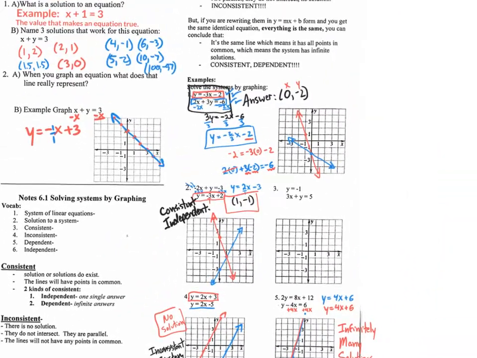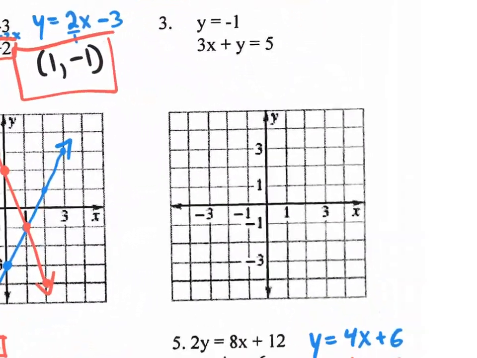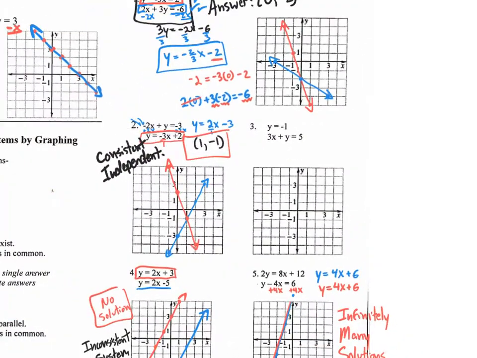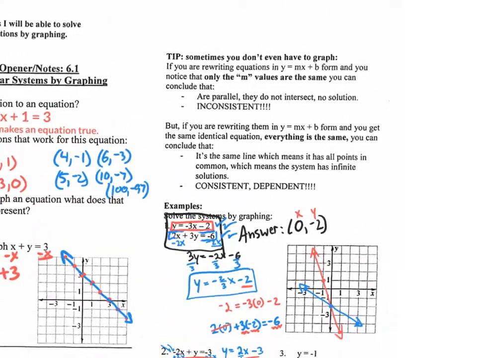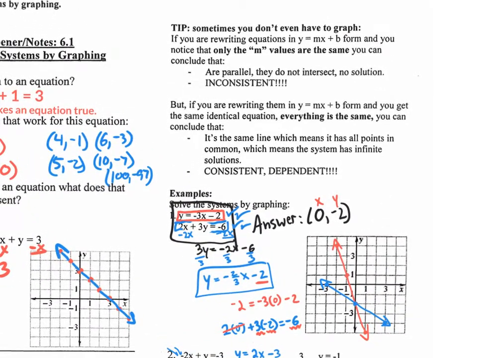Might as well do this last one that we haven't done yet. By the way, that inconsistent and consistent, I have some notes right here for you. Tips, sometimes you don't even have to graph. If you're rewriting equations in y equals mx plus b form and you notice that the m's are exactly the same, you know they're parallel, right? Which means they don't intersect, which means that there's no solutions. So if you're trying to solve it, you would just say no solution.